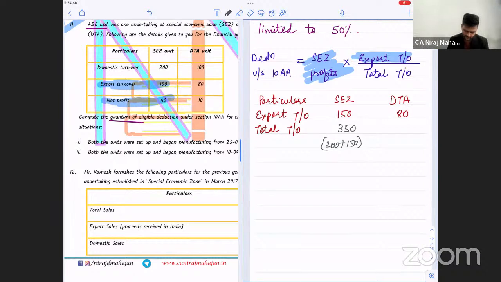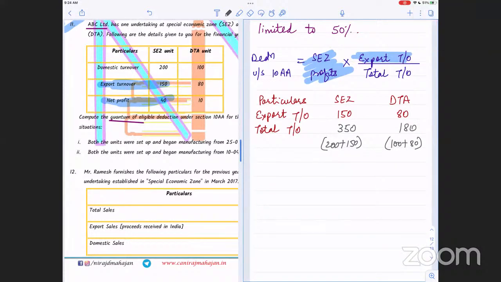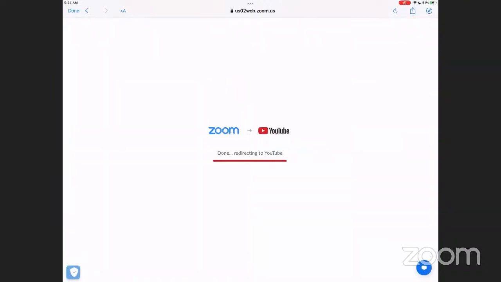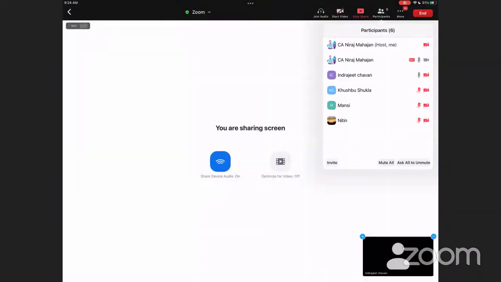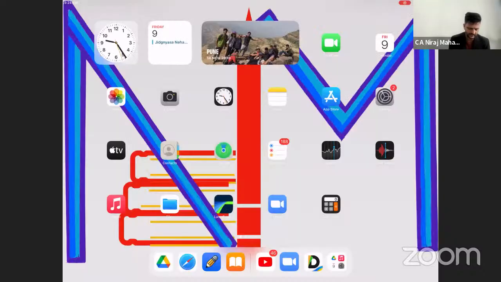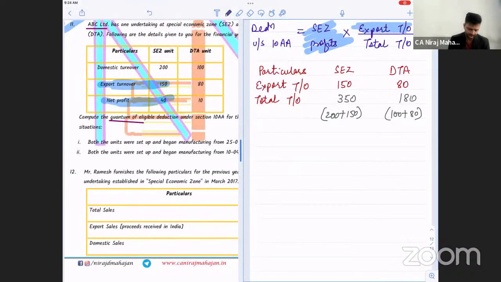Correct, and this is how much? 180. Okay, and then what do we have? Net profit, is there no issue about that? 40 and 10, right?